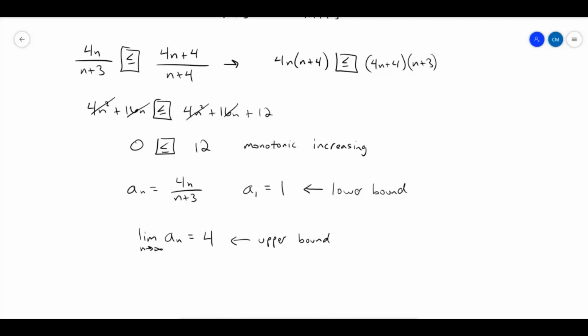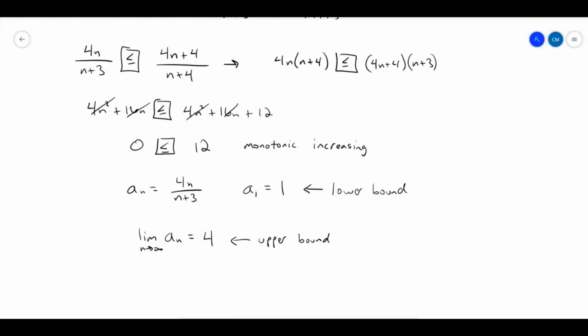Now, just one other thing, in case anybody's thinking about majoring in math and going on into anything further than the calculus sequence, if you're going to take any sort of a proofs class, intro to proofs or stuff like that, you will be talking about this idea of lower bounds and upper bounds for sequences. In fact, any number below the number 1 could be considered a lower bound also, right?